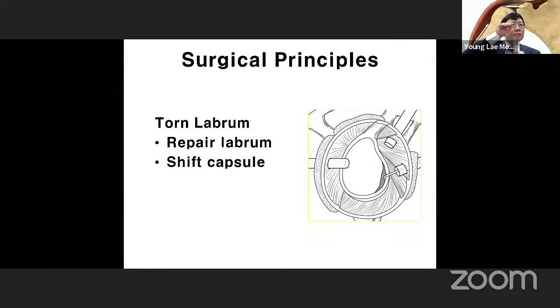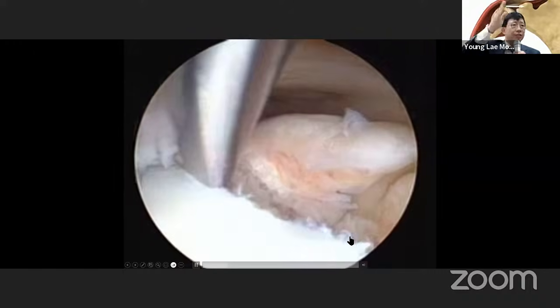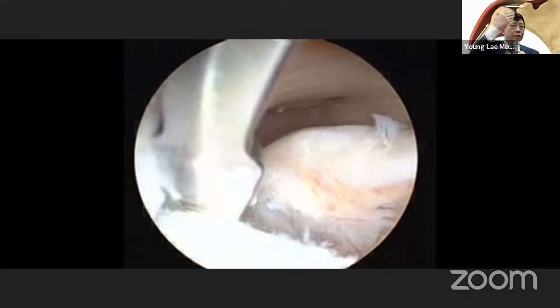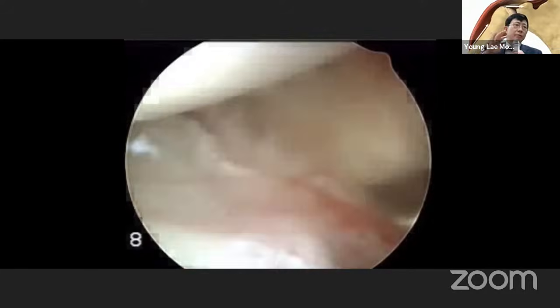Usually watching from the posterior portal, and the working portals would be two anterior portals. And detaching the labrum from the unstable ligament.